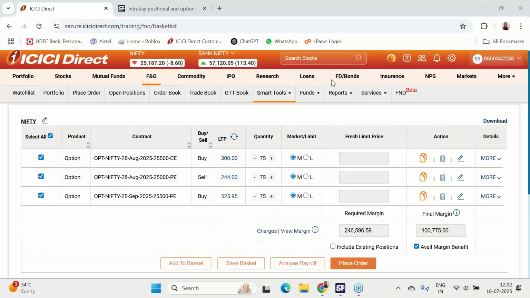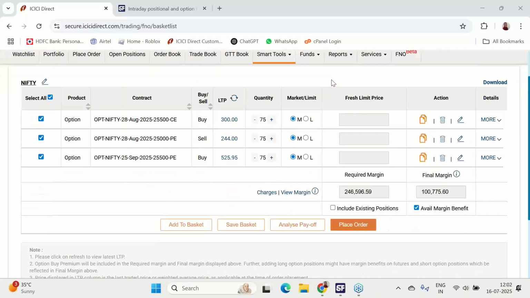So when we are initiating this strategy, Nifty is at 25,186, not 24,186. This is the Nifty spot.